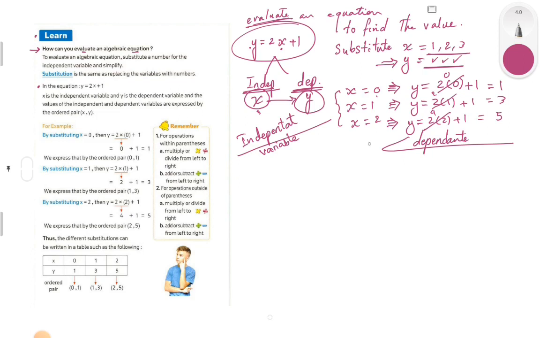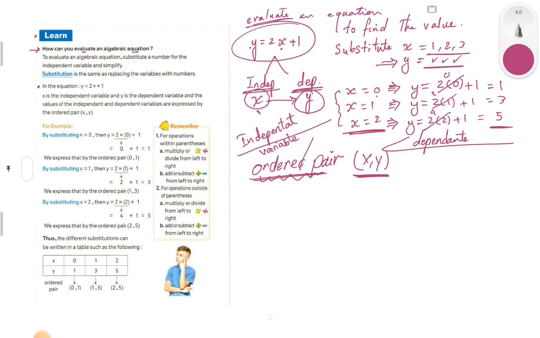I can write these values of x and y as ordered pair. We studied ordered pair the last year, x and y between parentheses. Okay, we called this form as ordered pair.